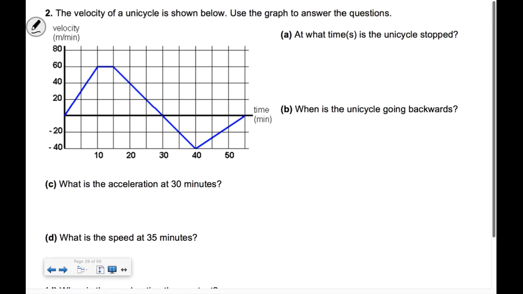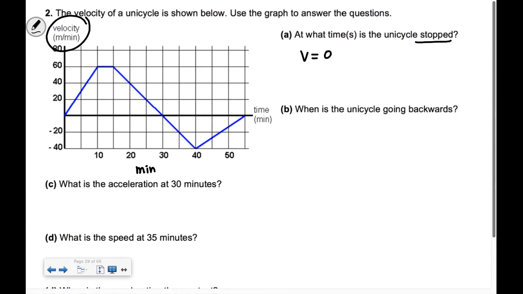So anyway, we have questions like this on the AP test all of the time. You will have at least one graphing question as a free response question. It says, use the graph to answer the question. At what time t is the unicycle stopped? Notice we have velocity, and this is in minutes, time. Our velocity has to equal 0 if we're going to be stopped, right?